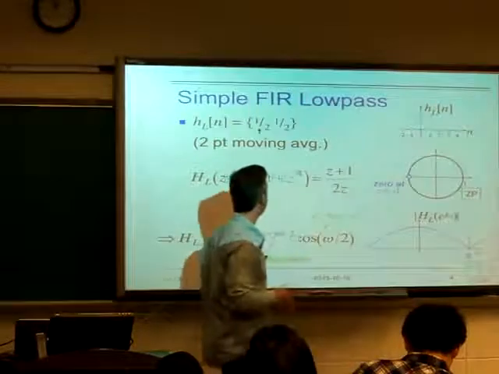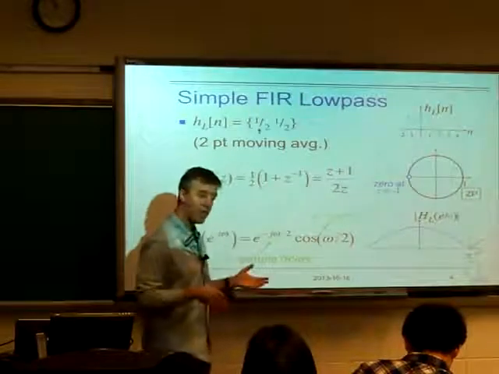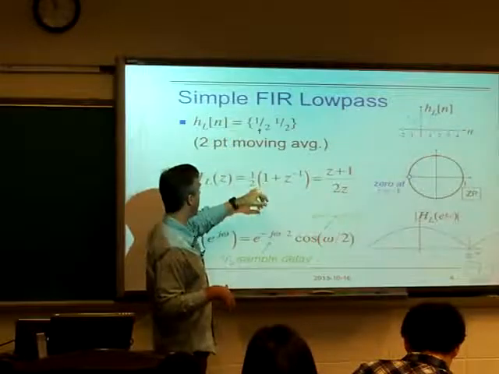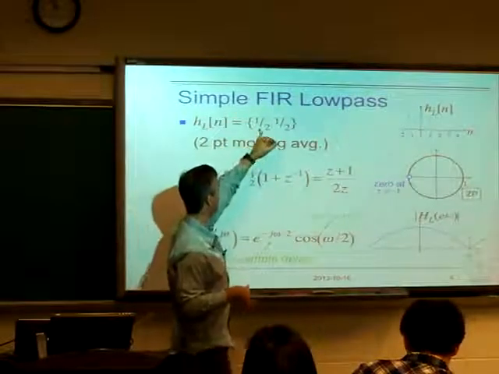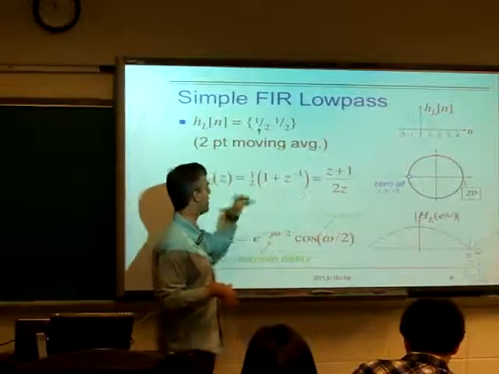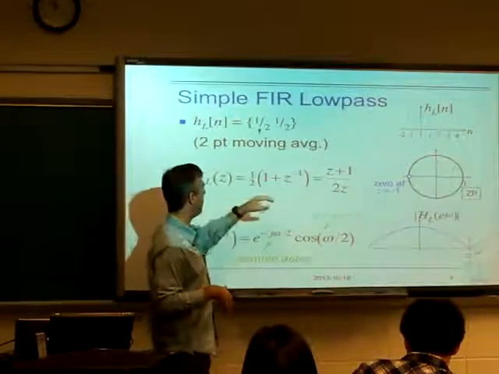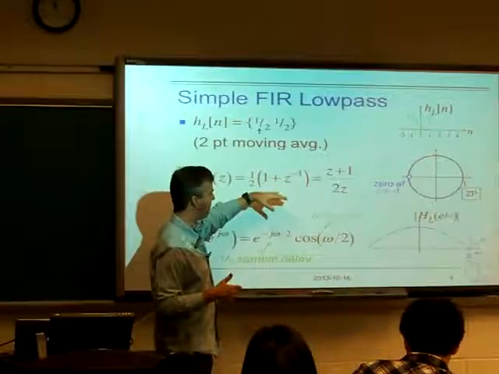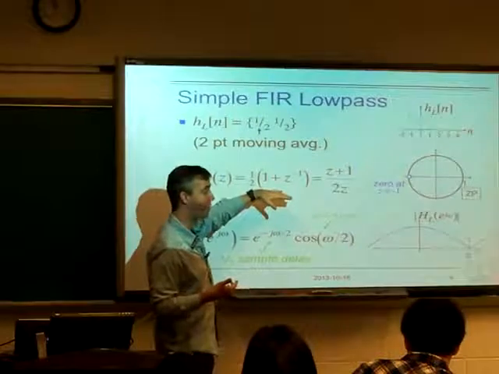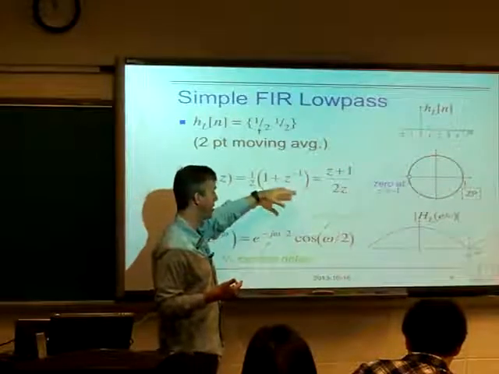Everything else is 0. We can take its z transform, right? The z transform is just the sum of h of n z to the minus n. So that's just a half plus a half z to the minus 1. If we write it as a rational polynomial in z to the minus 1, it's just a numerator.